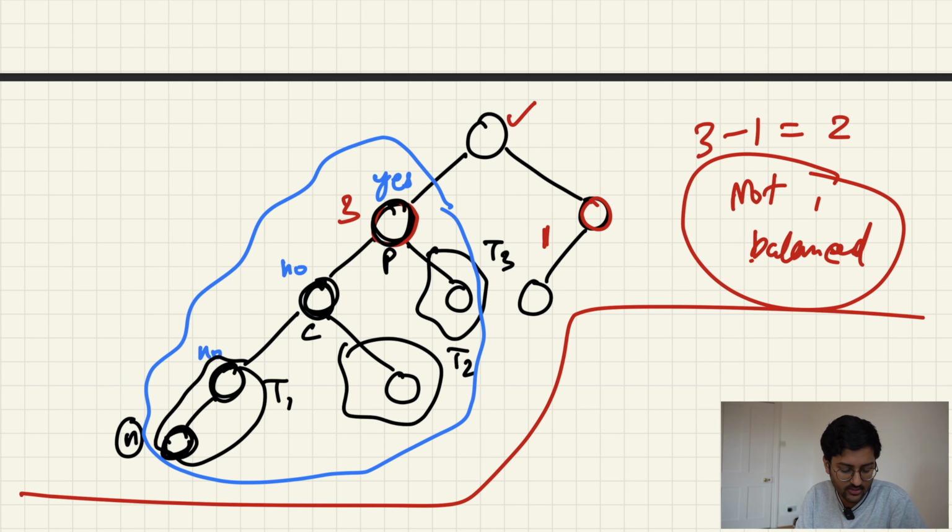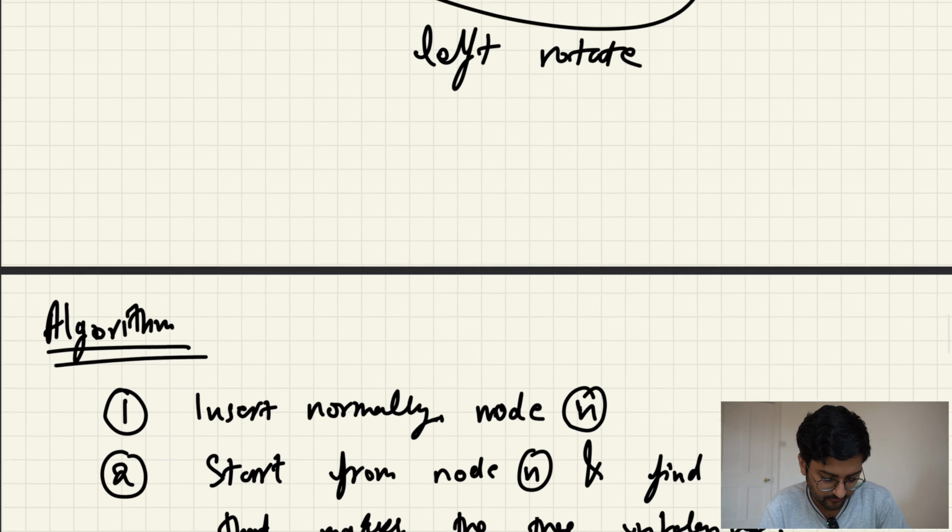So I will just solve this subtree. I will make this subtree balanced. And when this subtree is balanced, it is going to be fine because it's not going to affect the entire tree. Because the entire tree is already balanced. Make sense? Sounds good? Okay.